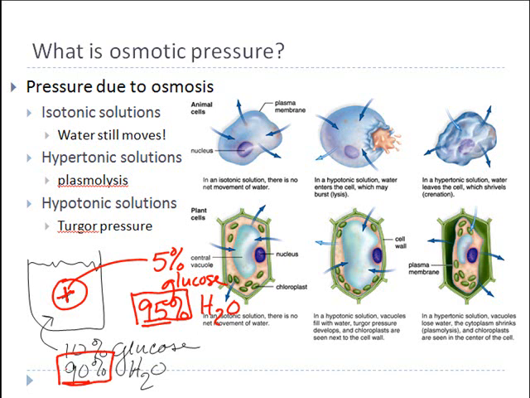I told you that osmosis, movement of water, is always to move water down its concentration gradient from areas where it is in high concentration to areas where it is in lower concentration. So in this case, water is going to move from the inside of the cell outward because the water is in higher concentration inside the cell. And as water leaves, the cell is going to begin to shrivel up or shrink up. Any solution that makes a cell shrink up or lose water is called a hypertonic solution.